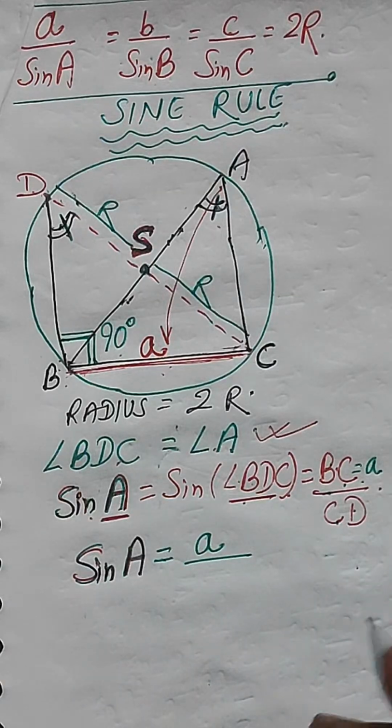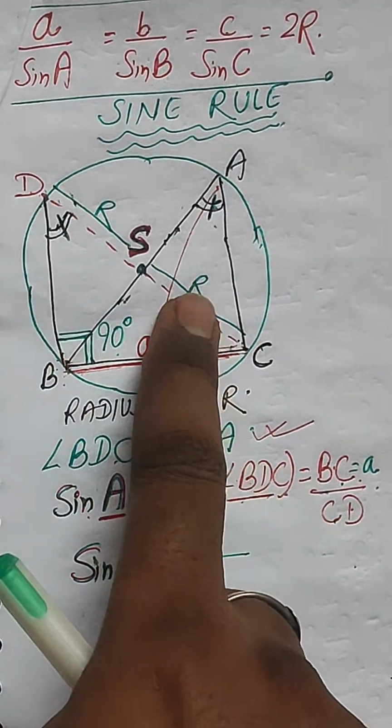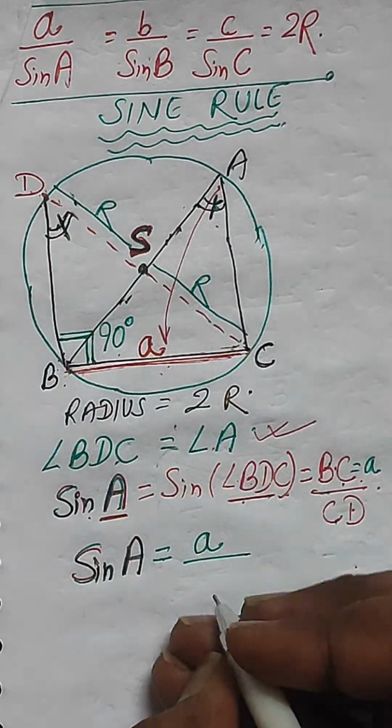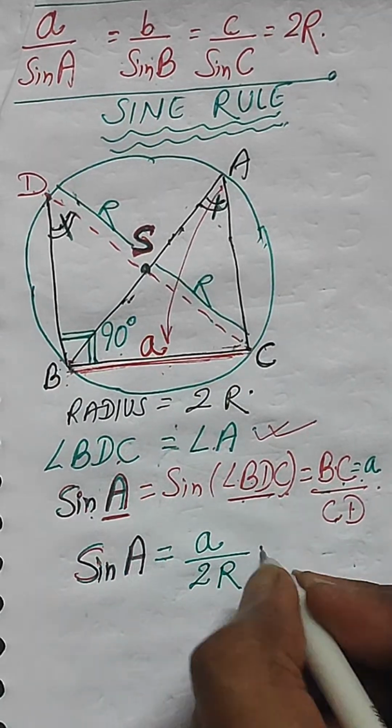So CD is equal to 2 times R, this R plus this R, right? So we can write it as 2R.